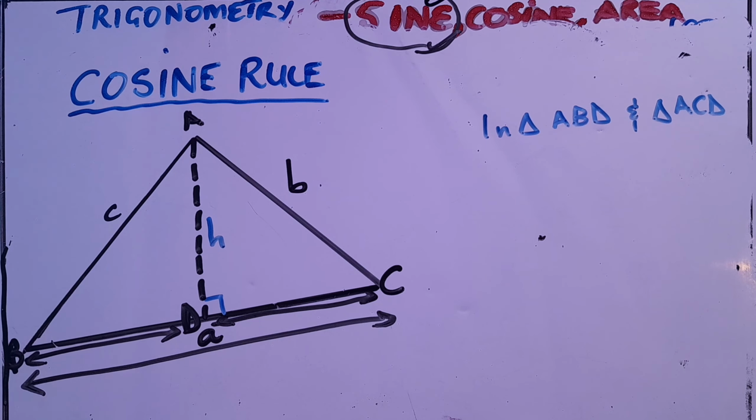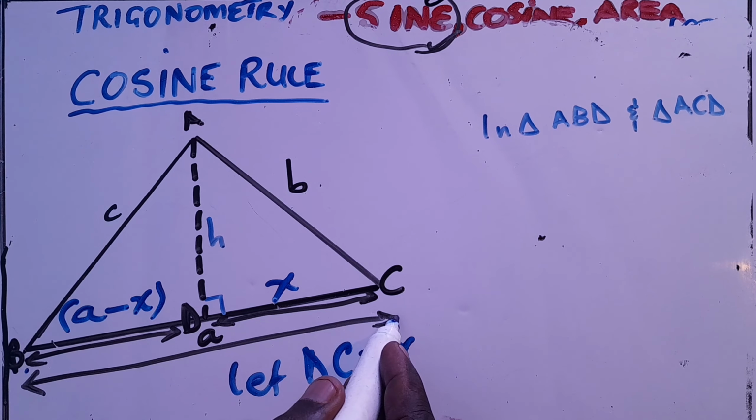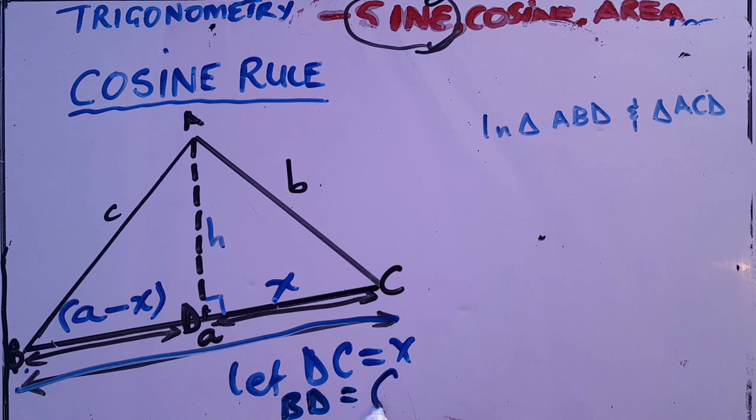Now we can say let DC equal X. So if DC is equal to X, it means that our BD now becomes A minus X, because this whole length from here to there is A, and this length only is X. So our BD becomes A minus X, like that.